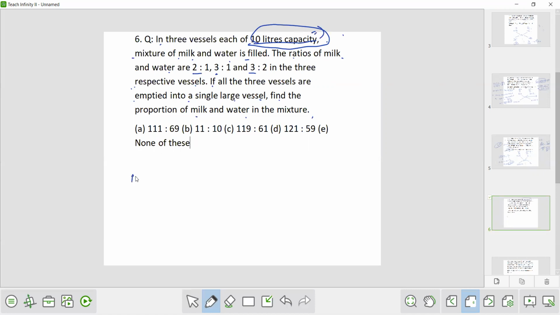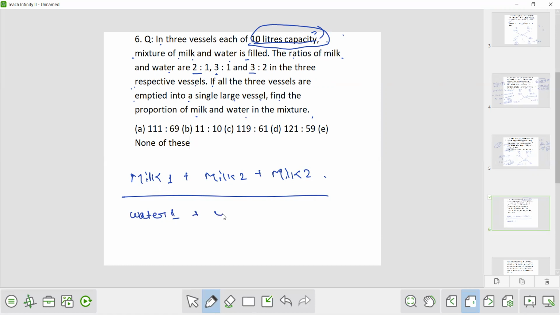So simply, milk in vessel 1, so I have written here milk 1, milk in vessel 2, that is milk 2, and milk in vessel 3, that is milk 3, upon water in vessel 1, the water 1, plus water in vessel 2, plus water in vessel 3.